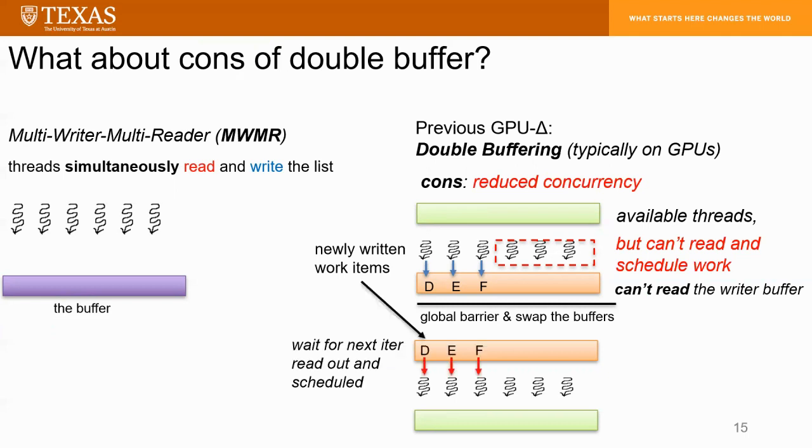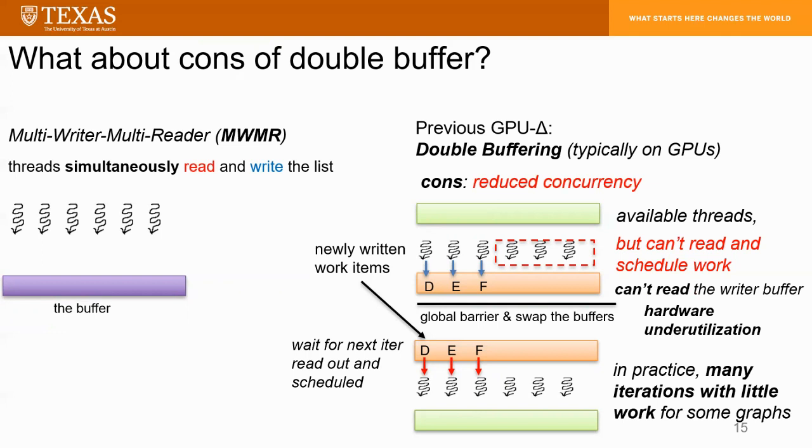To schedule D and F, we must wait for the next iteration. That means we must wait for all the threads to clear a barrier and for the buffers to be swapped. So that's a lot of latency, and during this time we have threads sitting idle, so we have hardware underutilization. In practice, we may end up with many iterations with very little work in each iteration. So it can be a problem.